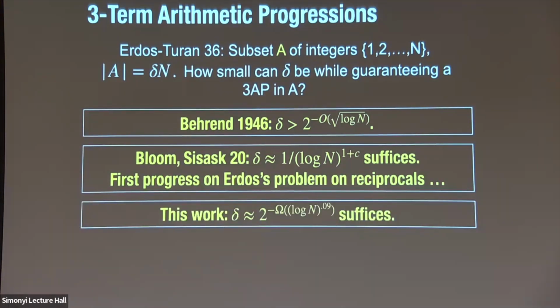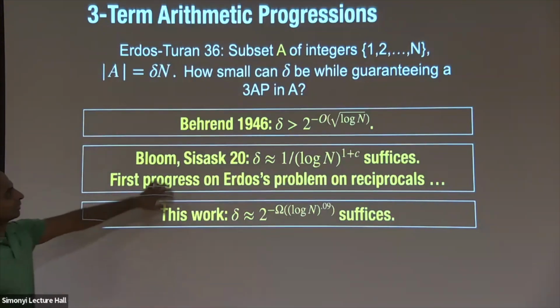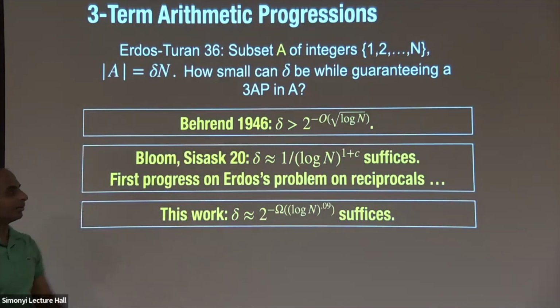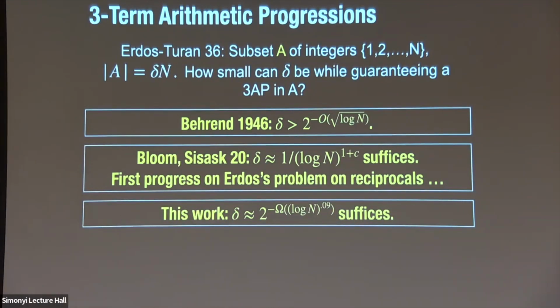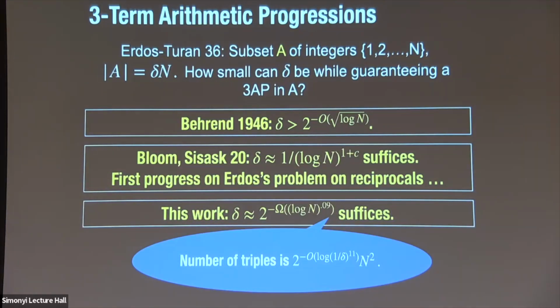Our result is that, in fact, the true answer must be close to Behrend's example, that there must be 3-term arithmetic progressions as long as you have density 2 to the minus log n to the 0.09. So it says that maybe the truth is closer to the lower bound that we've always known. And it's not just that we showed there is a single 3-term arithmetic progression.